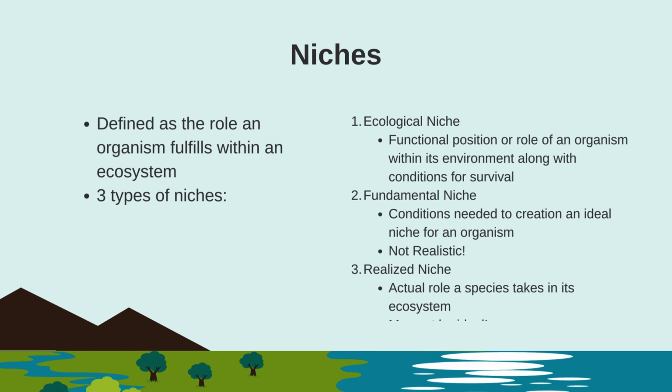And again, this may not be ideal. They may have to take a subpar role to make sure they can survive. So again, comparing the 3, ecological, that's our bare minimum, what we have to have. Our fundamental is if everything were perfect and you got everything you wanted. And then the realized niche is what you actually get in the ecosystem.